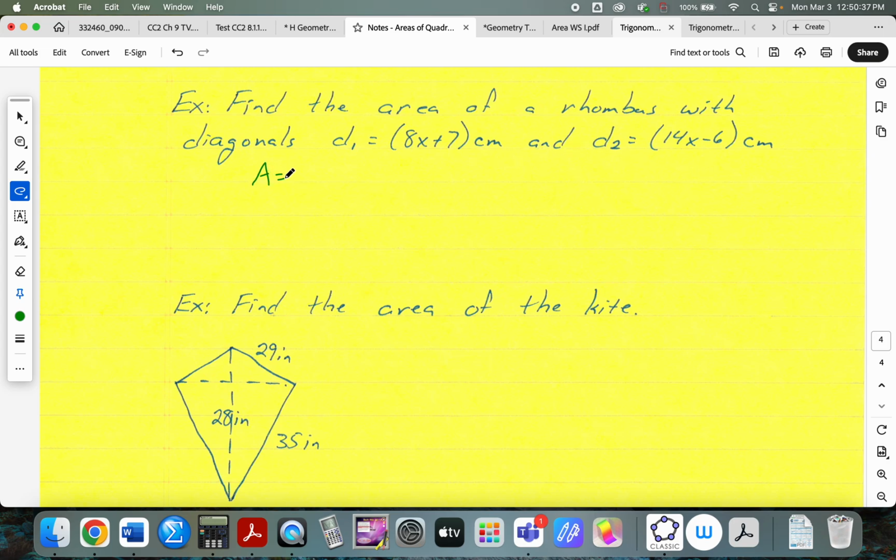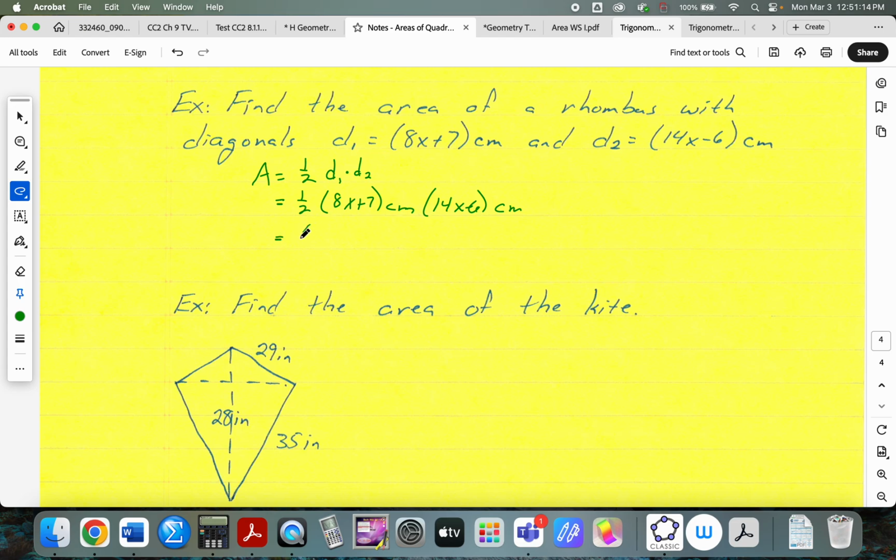So the area is 1/2 diagonal 1 times diagonal 2. So it's going to be half of 8x plus 7 centimeters times 14x minus 6 centimeters. Since taking half of 8x plus 7 gives me a decimal or a fraction, I'm going to take half of the 14x minus 6 instead, because when I multiply things, the order doesn't matter.